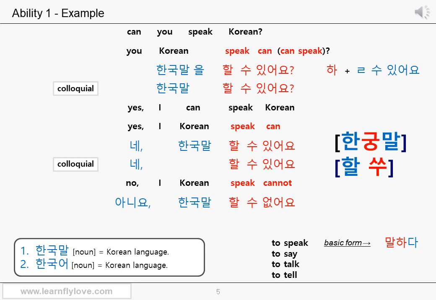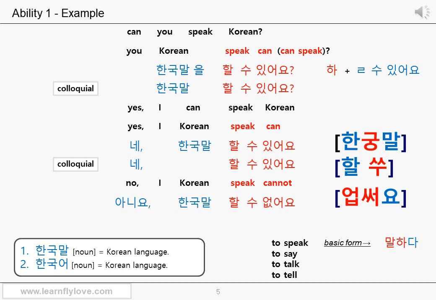Be careful, 수 is pronounced 쑤 because of the final ㄹ consonant in the previous block. And 없어요 is pronounced 업써요 with the ㅆ sound because of the ㅂ consonant in the previous block.